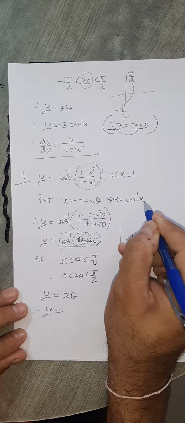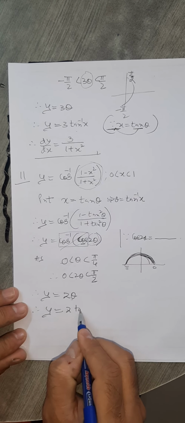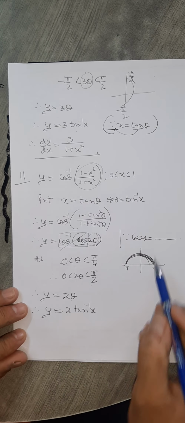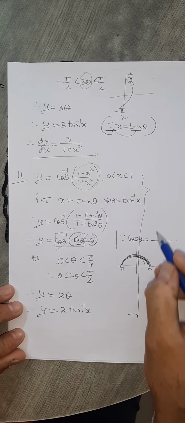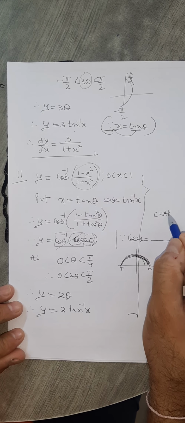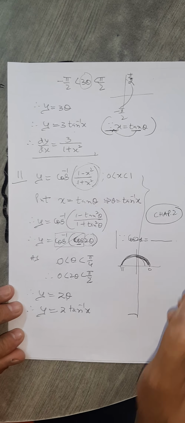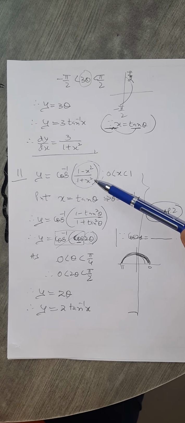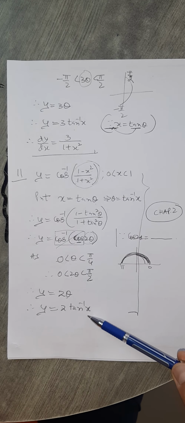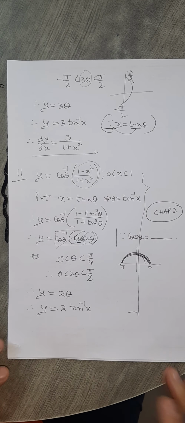Theta is tan inverse x. So y equals 2 times tan inverse x. Remember, this is chapter number 2. You have not done anything about differentiation so far. This can be asked in the inverse trigo chapter, where you are asked to prove that this equals this, and you had such questions.